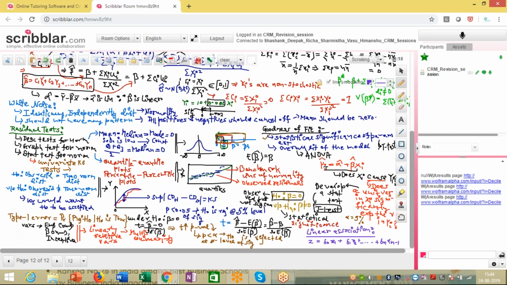I'll say that z is a linear combination of all x1, x2, up to xn if the following conditions hold.